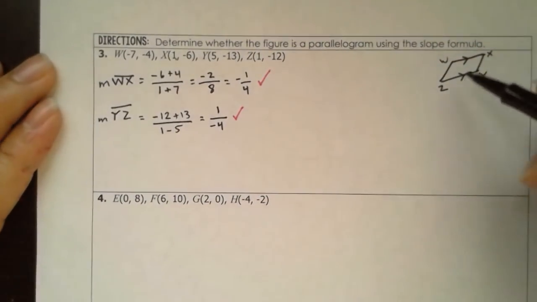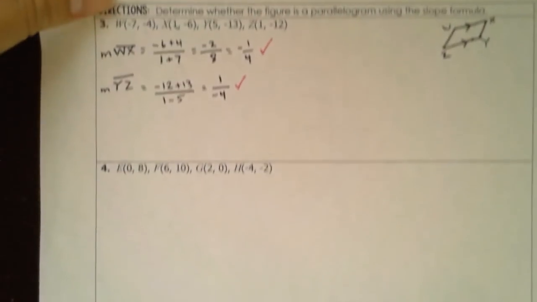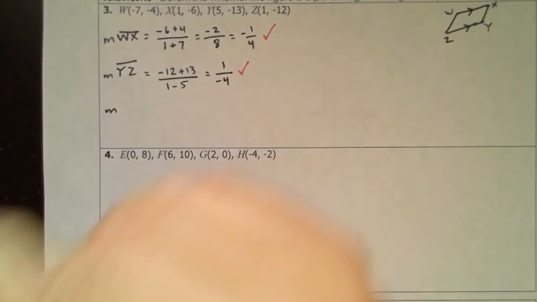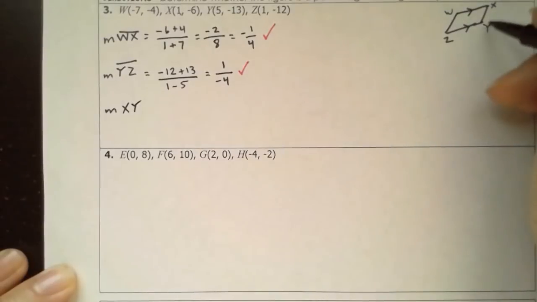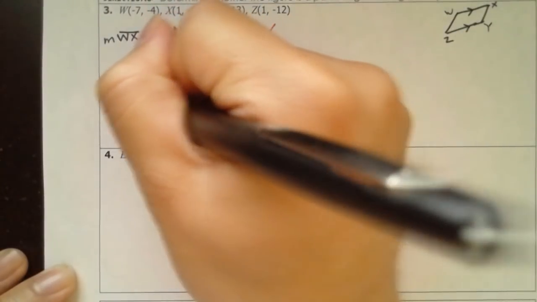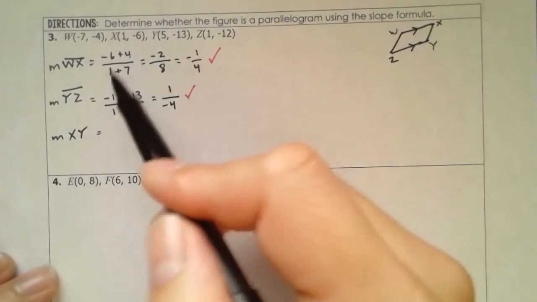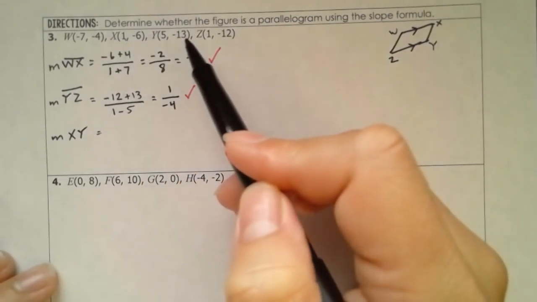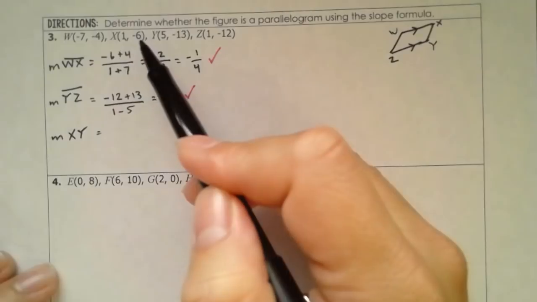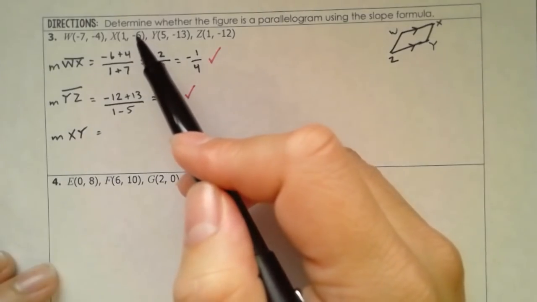Moving on to the other, we have to check these as well. We need to check that these are also parallel using the slope formula. So showing the next one would be XY. XY is this side, we need to find the slope. XY is the two center points. So subtract my Y, negative 13 minus negative 6, it becomes positive because of the negative.